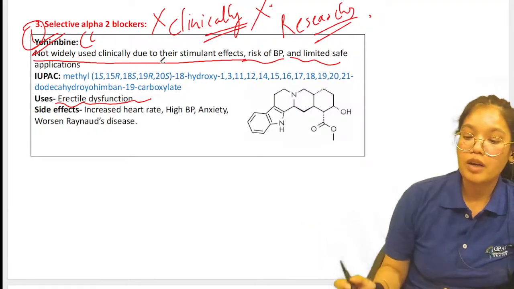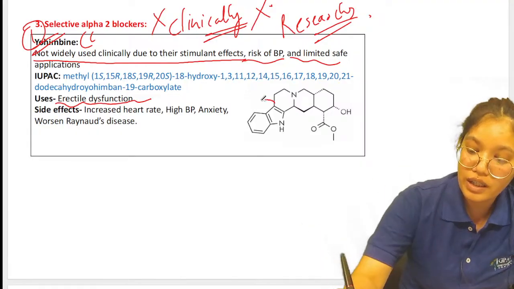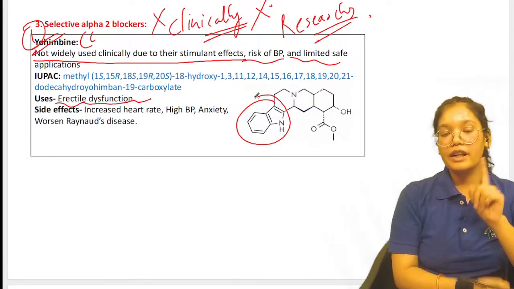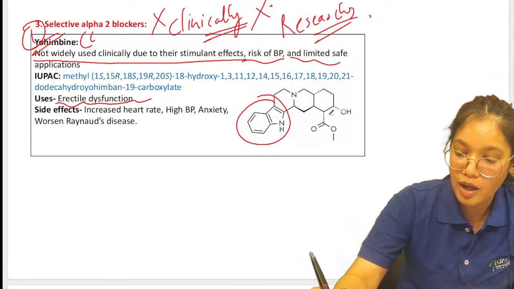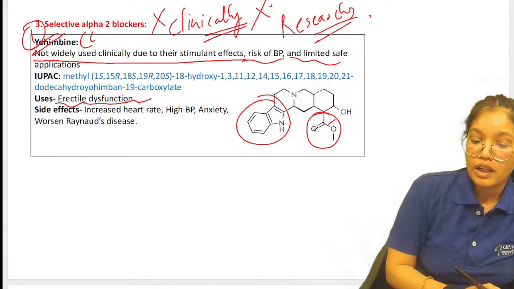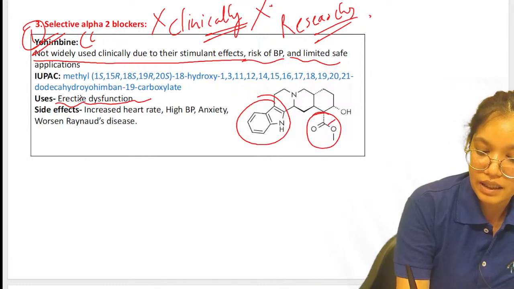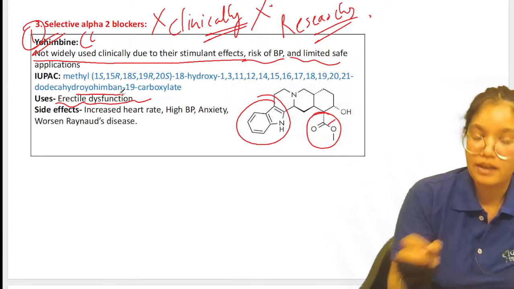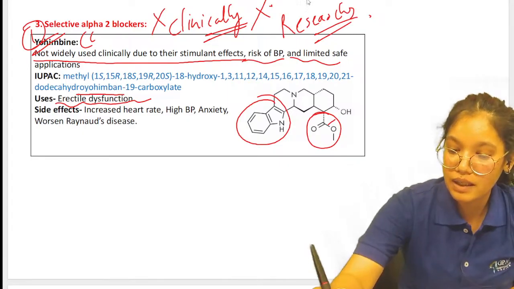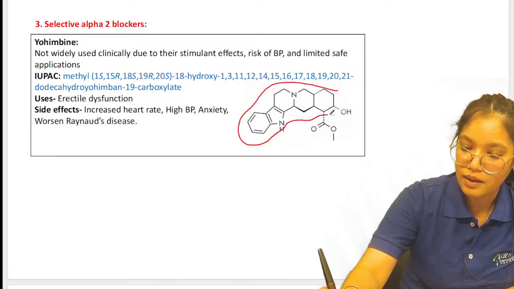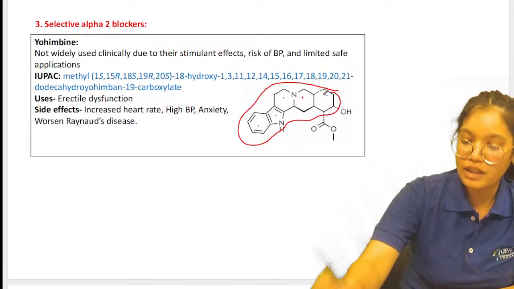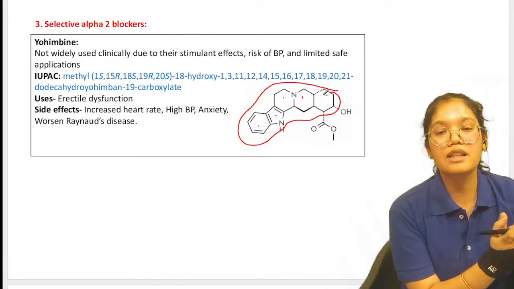Now talking about its structure, it has an imidazole ring in its structure. Okay, then we have a carboxylate group also. Now this ring, this whole ring, these 5 rings together are known as the yohimban ring.